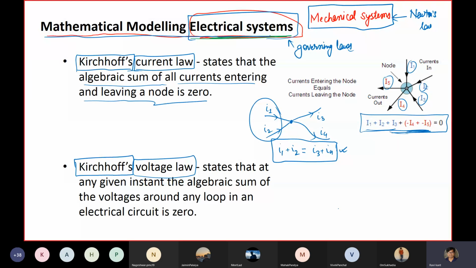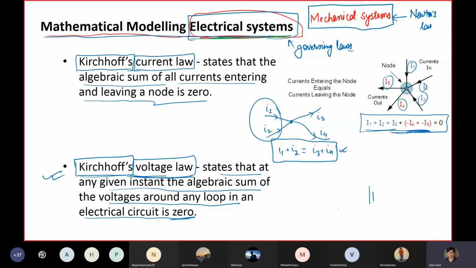The second law that governs is Kirchhoff's voltage law. It states that at any given instant the algebraic sum of voltages around any loop in an electrical circuit is zero. What does it mean? Let's suppose I have a voltage source, which is often depicted as plus and minus, and it has some voltage.